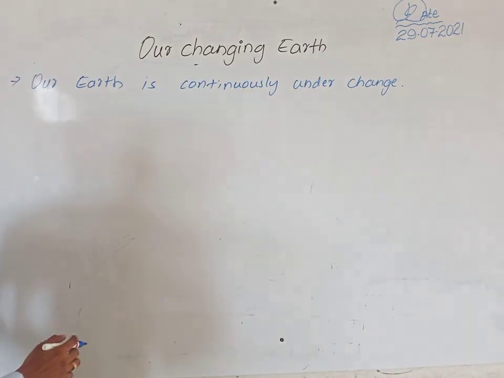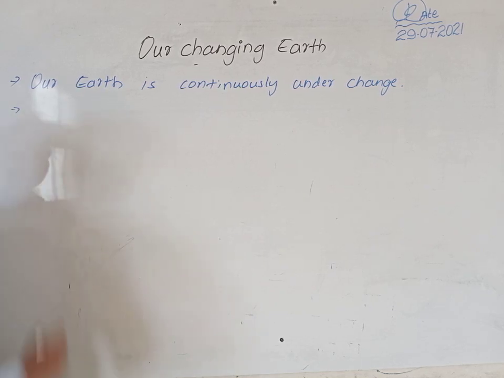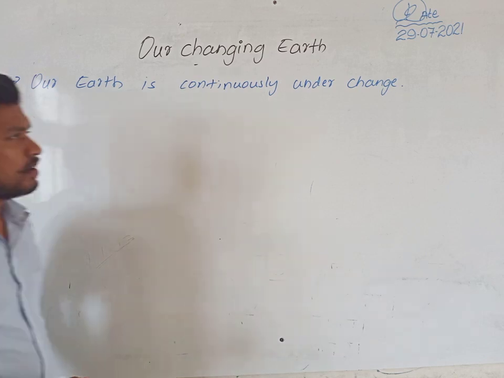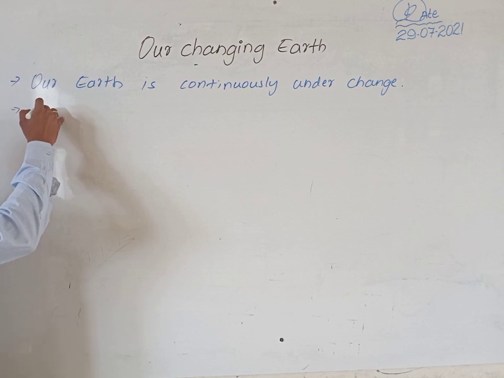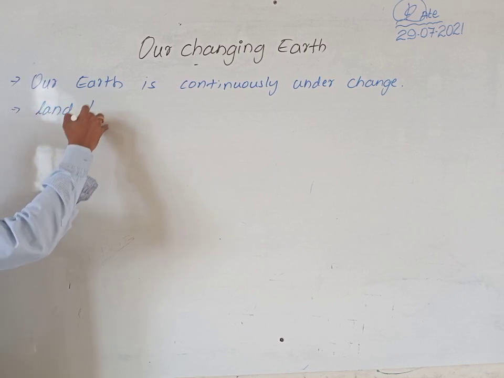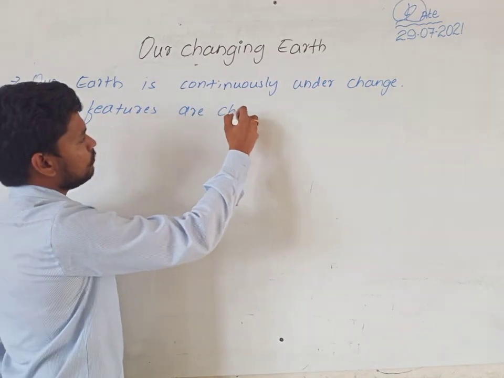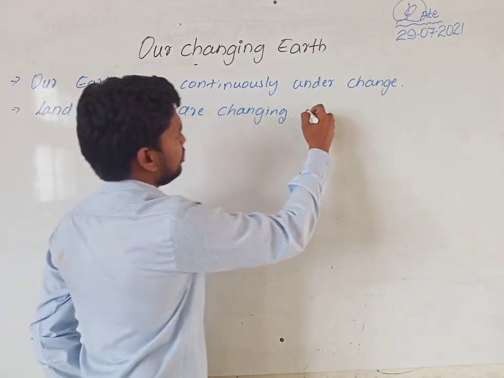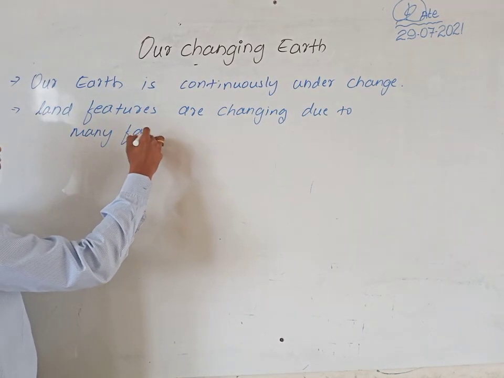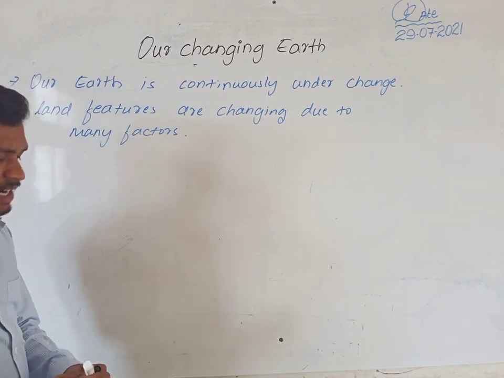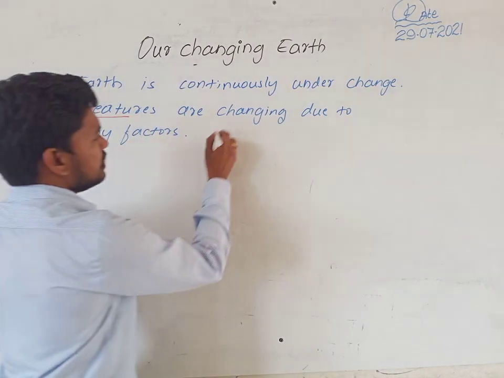That means the outer surface of the earth, the features like landforms and land features, land characters, are changing continuously.